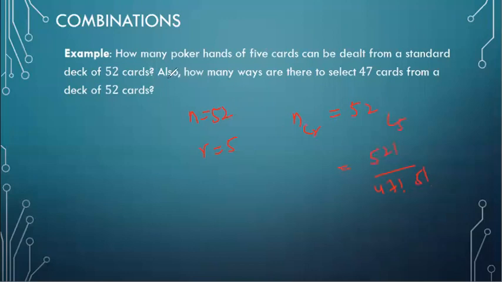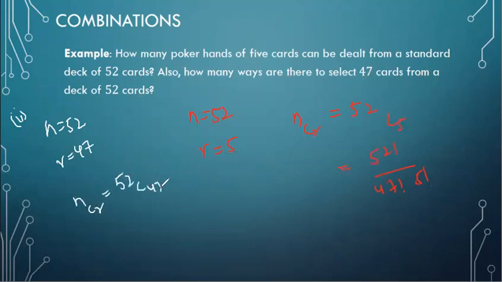Now after that, also: how many ways are there to select 47 cards from a deck of 52 cards? So this was your first question answer. Now we'll see the second. So we have again 52 cards. This is your second solution, and we are supposed to select 47 cards. Now in this case, NCR is equal to 52C47.